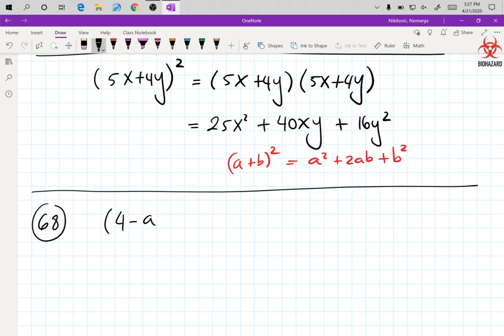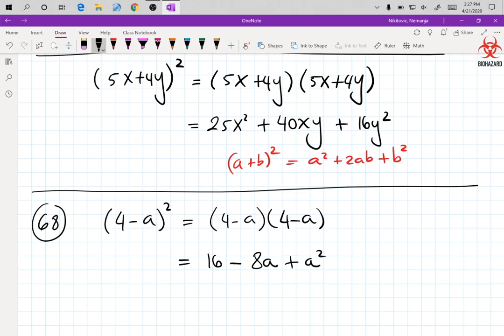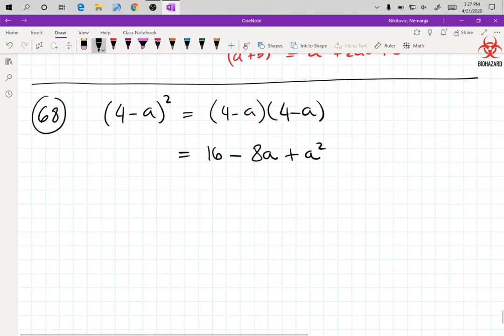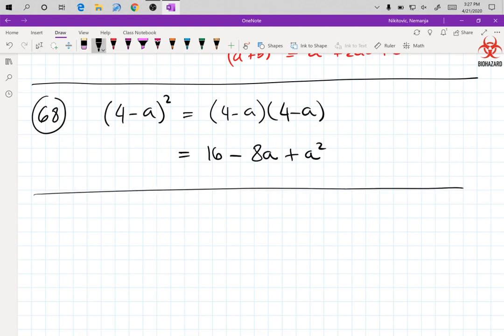So (4 minus a) everything squared is going to be (4 minus a) times (4 minus a) if you want to FOIL, or if you know the formula, it's first one squared, keep the sign, then first times the second doubled, so that's going to be 8a, and then plus a squared, right? So that's going to be our solution for this.